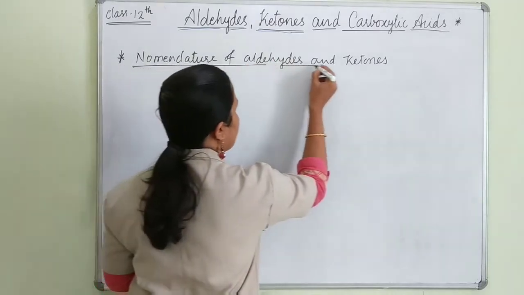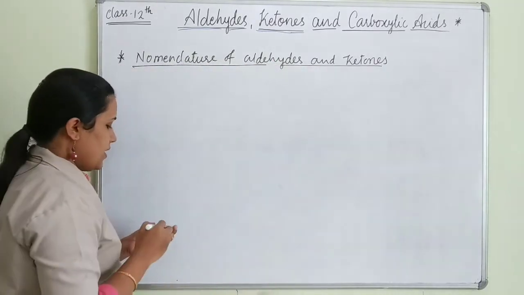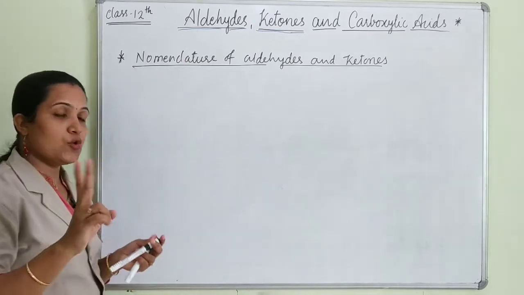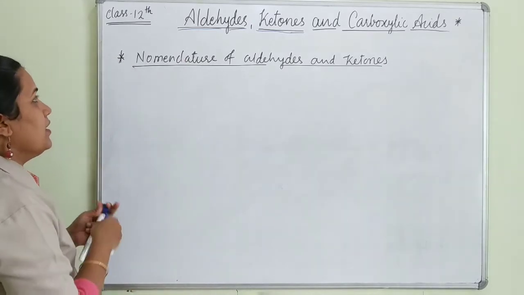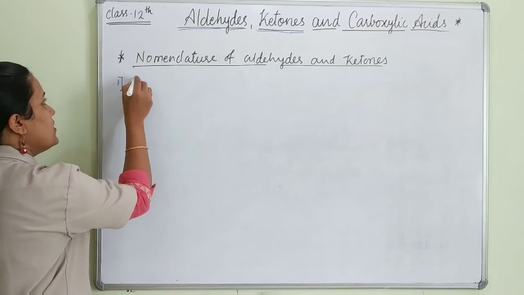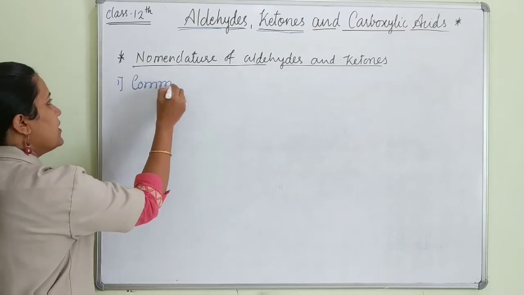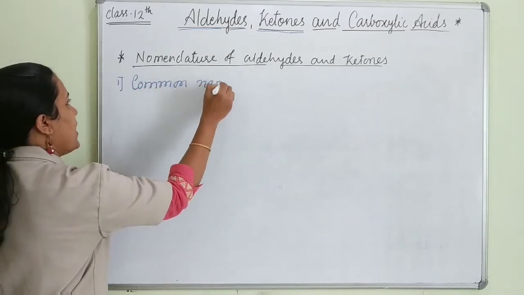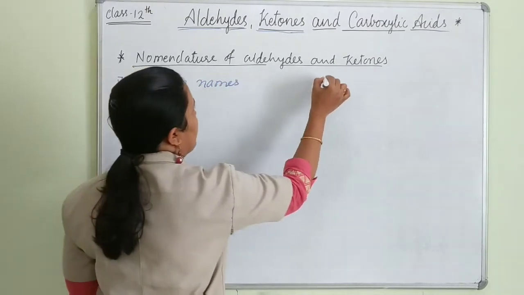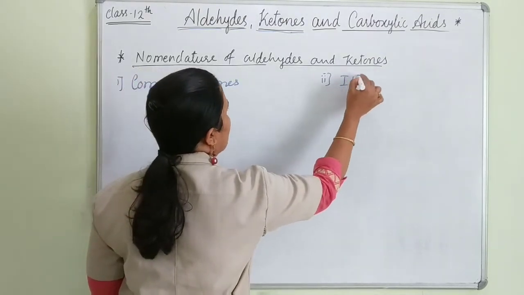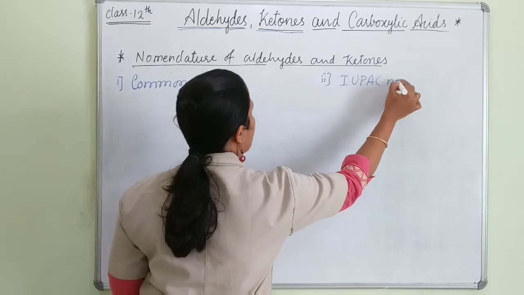As we know, in nomenclature we always need to study it in two ways, because the names can be written as IUPAC names as well as common names.